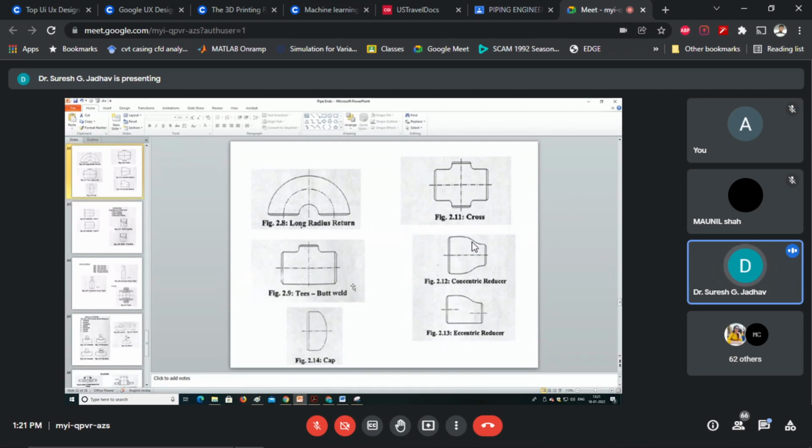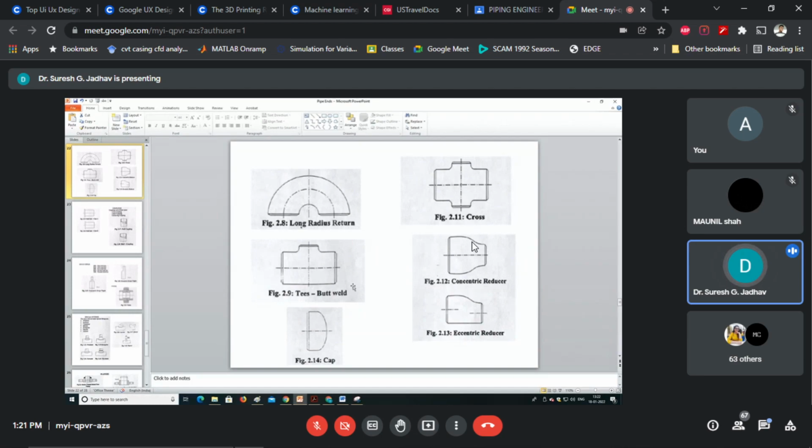For instance, the maximum size of reducing tee available for 4-inch nominal bore is 4-inch by 1-and-a-half inch. Dividing 4 by 2 gives 2 inch, so the thumb rule applies: divide the major diameter by 2 and consider the next size. So this is all about a few piping fittings.